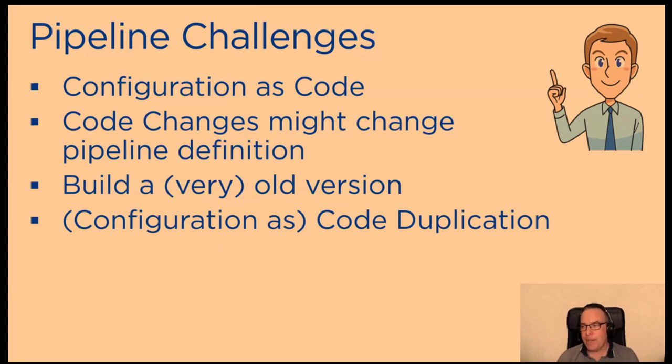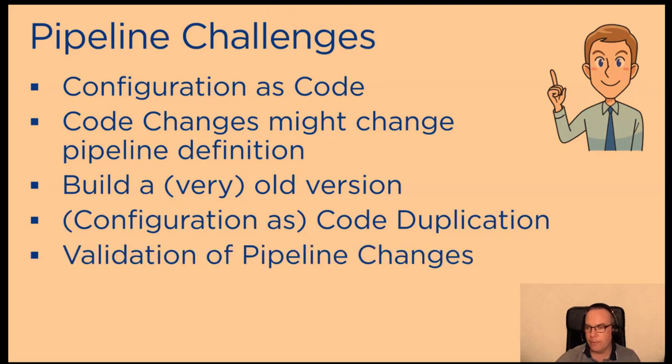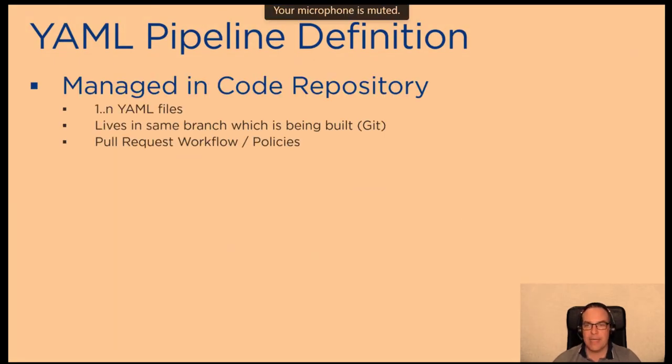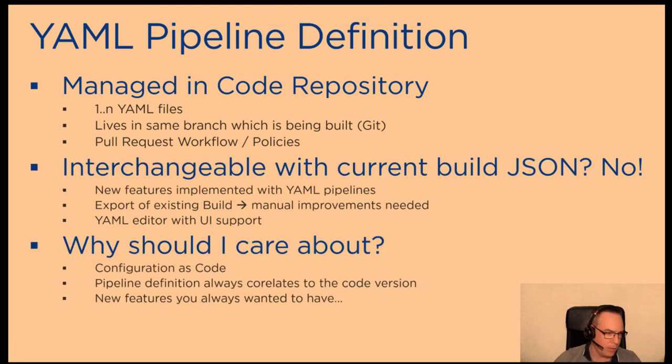And based on those templates we can use, we have no code duplication, so we reuse it, and we have much more possibilities to validate our pipeline changes because it's code, it's integrated in the pull request features, so you have the normal validation features available also for your pipelines. Good. So yeah, let's have a quick look how it looks like.